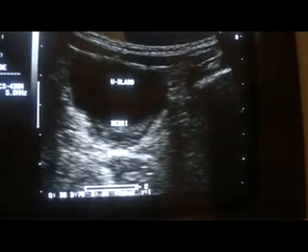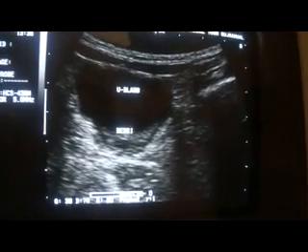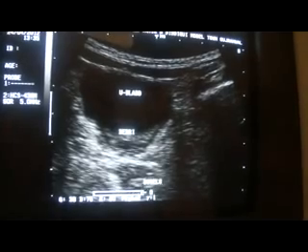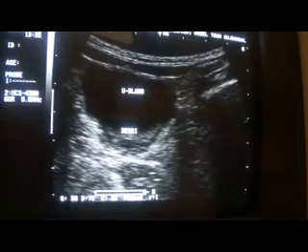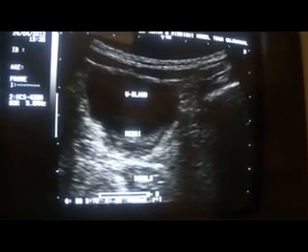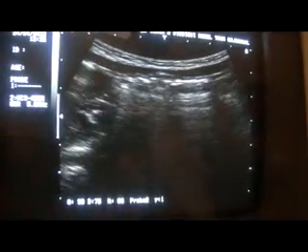The kidney measures 6.2 centimeters in length and 2.5 centimeters in anteroposterior diameter. There is no calculus seen. There is no significant hydronephrosis.